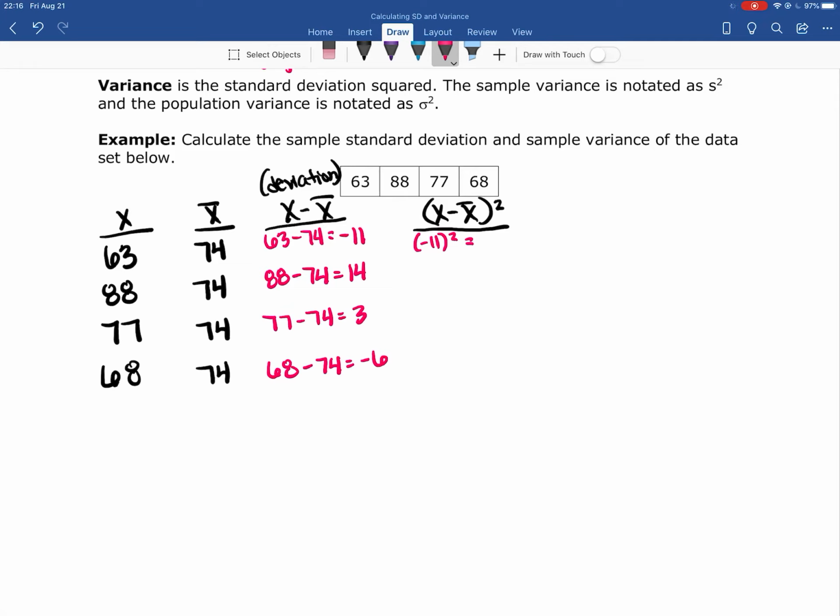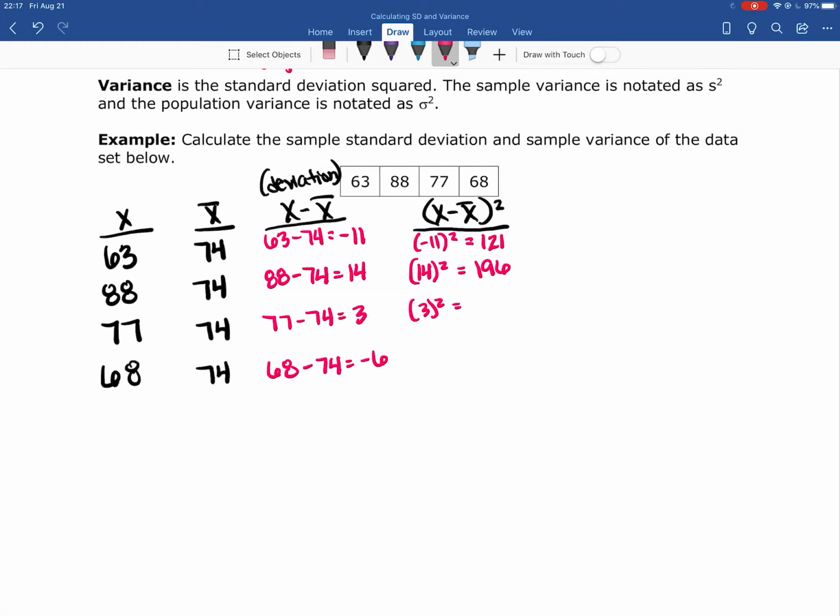You can either ignore the negative or make sure that you type it in parentheses exactly how I have written it. Otherwise, you're going to get a negative answer, and a number squared, positive or negative, is always positive. So all of these numbers that I get here should be positive.